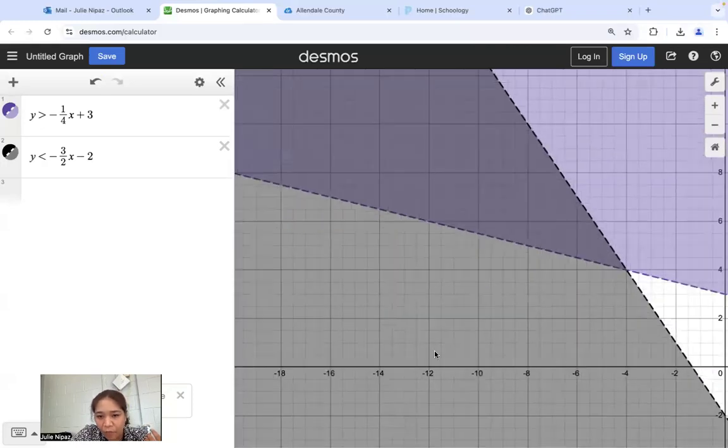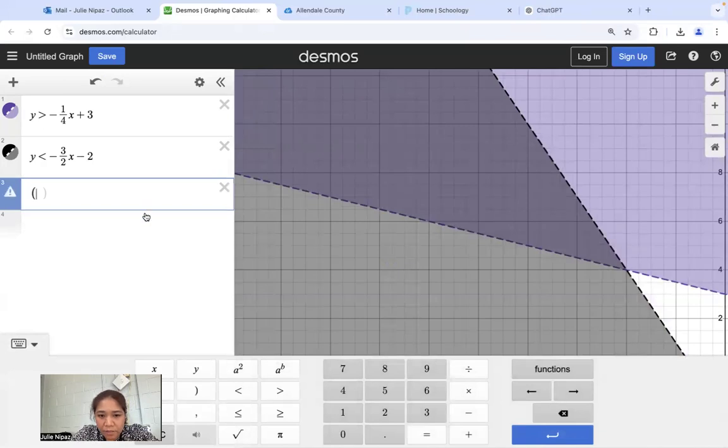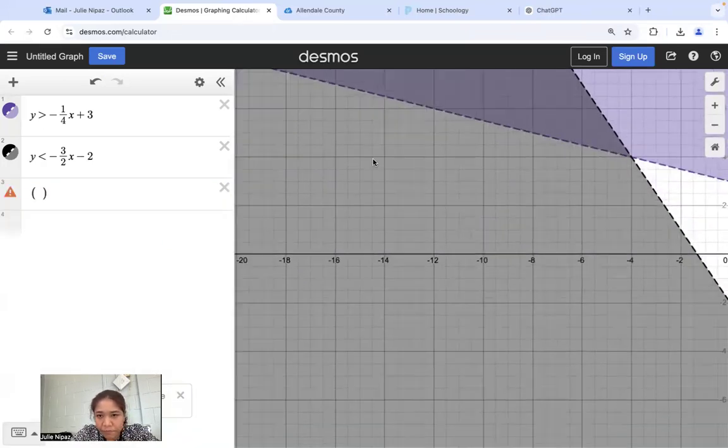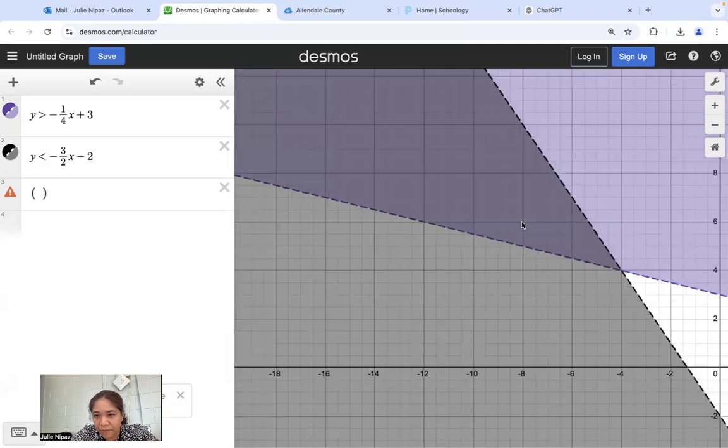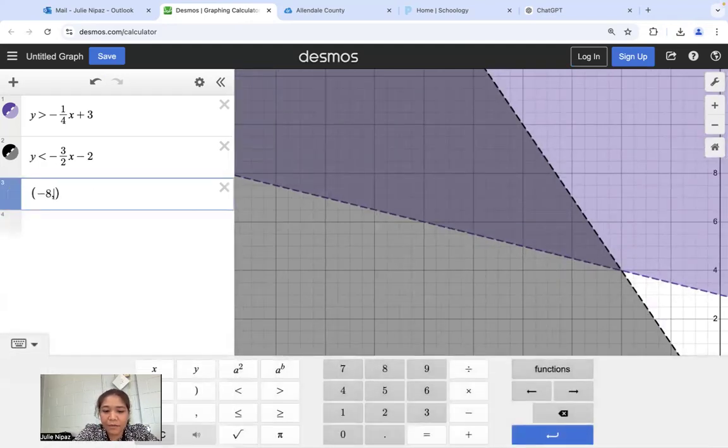So maybe I can focus on, so I can type in the point. I can have -8 and 6 because if I have -8, comma 6, you see that red dot there? It's on the region wherein you have the black and purple together. Okay? So that's one solution, -8, comma 6.